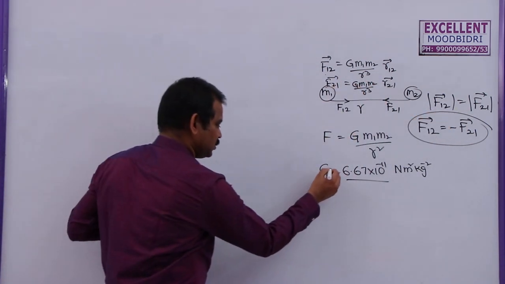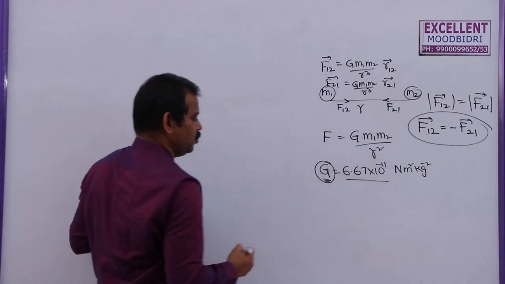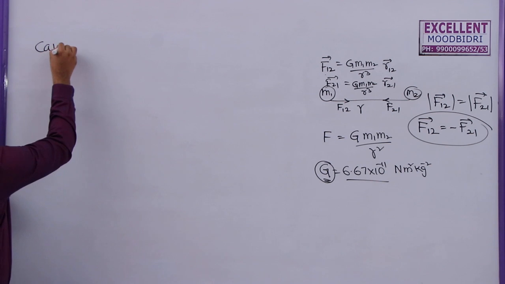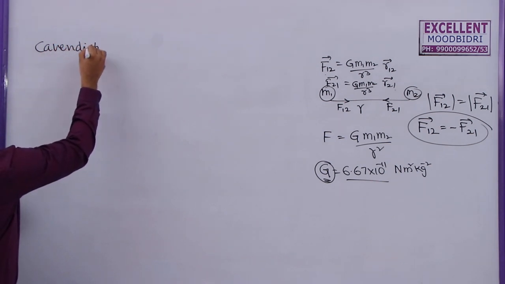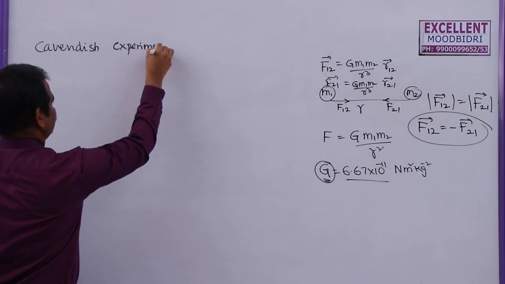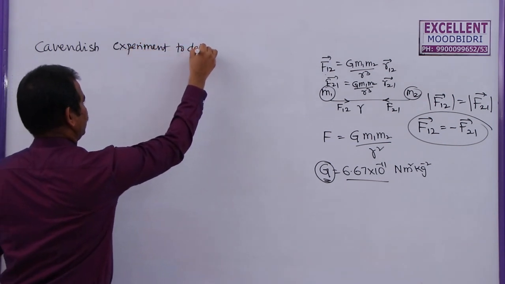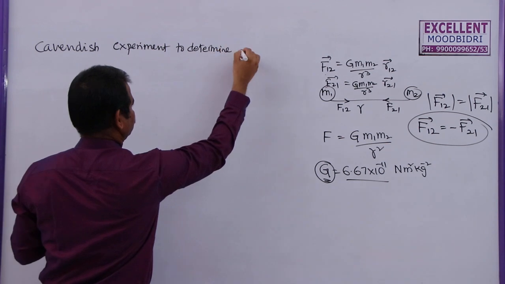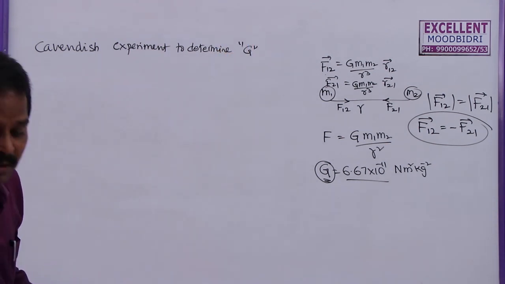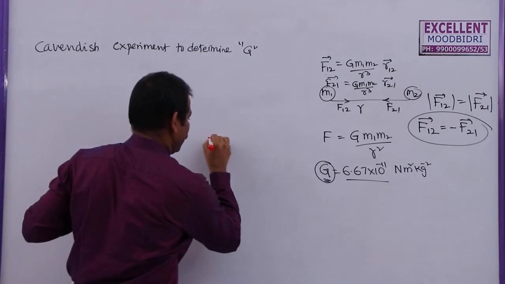Now, this capital G, the universal gravitational constant, was determined by Cavendish by an experimental setup called the Cavendish experiment to determine capital G. In this setup, he used two big balls.